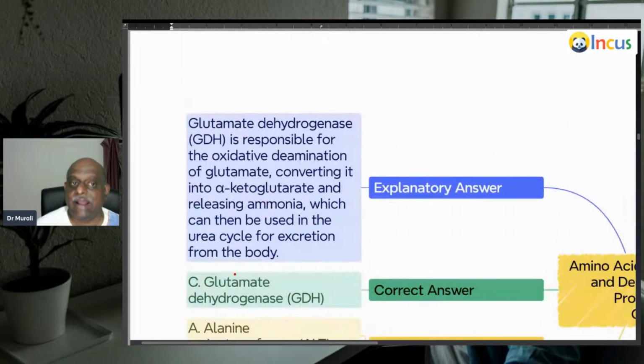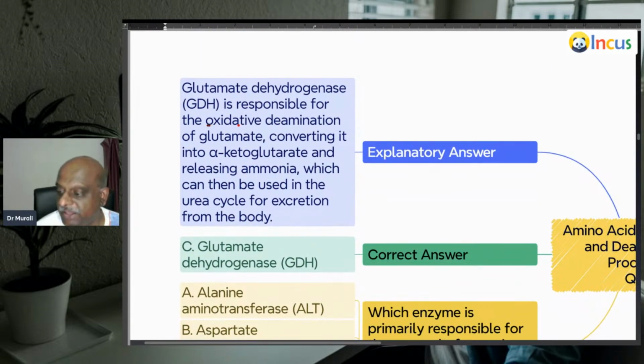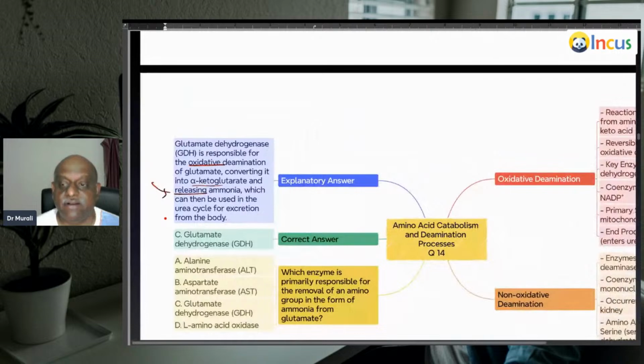It is the glutamate dehydrogenase, responsible for the oxidative deamination of the glutamate, converting it into alpha ketoglutarate and releasing the ammonia, which is used in the urea cycle for excretion.